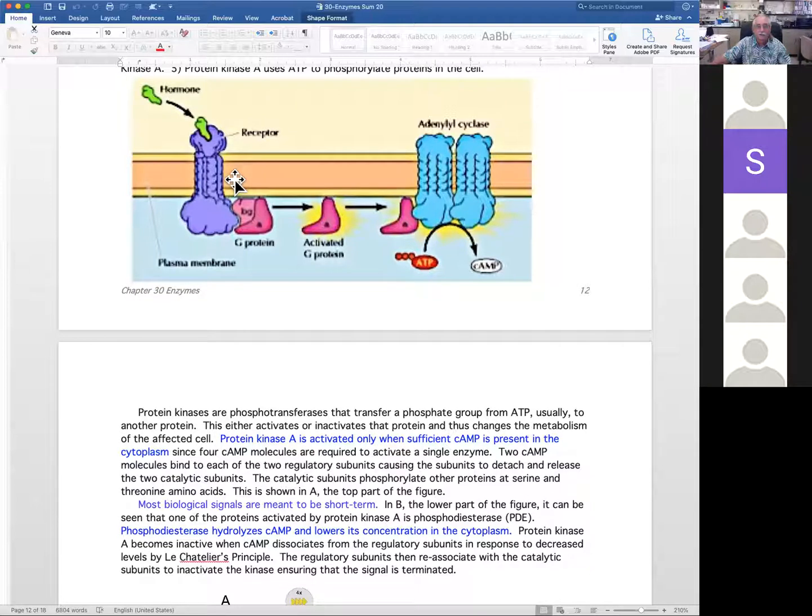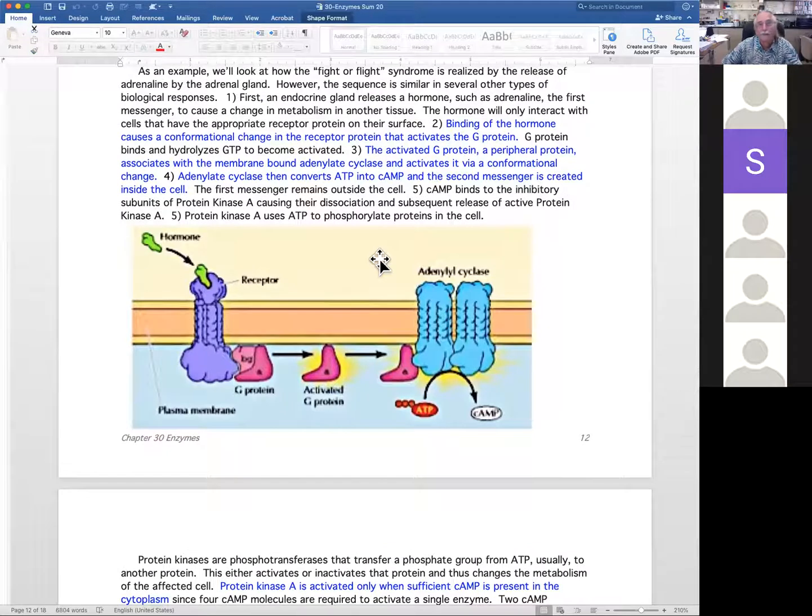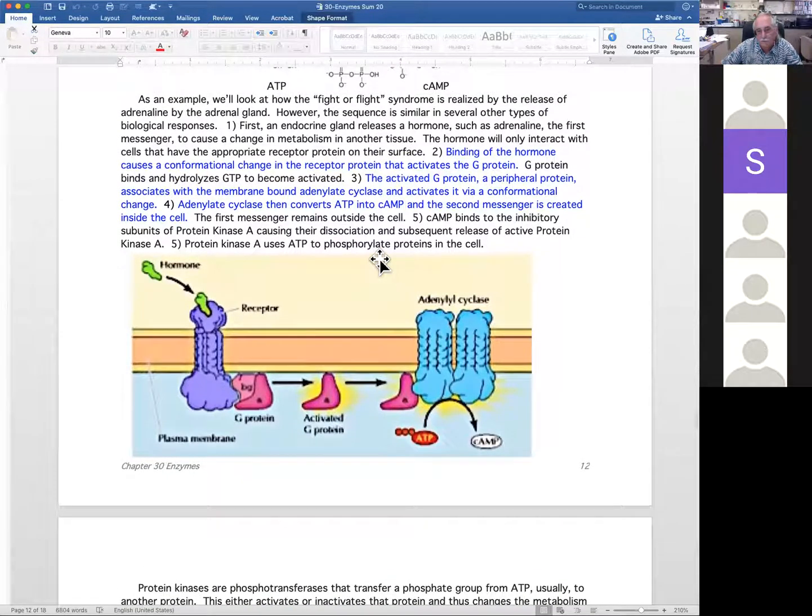But if I took a little needle and I injected cyclic AMP directly into the cell, I'm going to get that physiological response. Okay. So you might want to start getting yourself familiar with this sequence of events here.